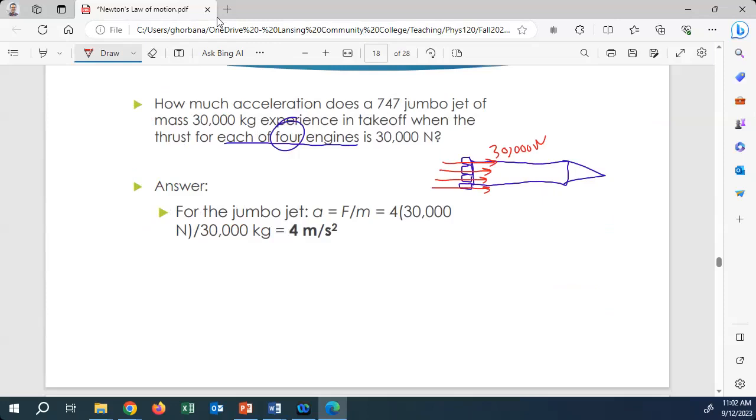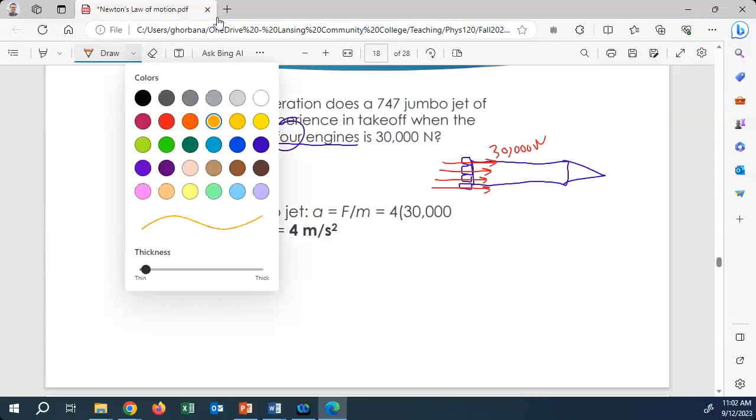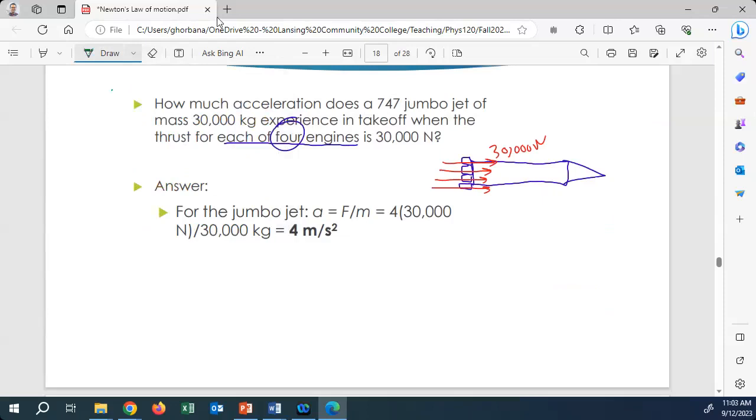So again, identifying forces is important. You don't need these forces here, but identifying forces helps you understand the problem better. Let me draw these two forces using the green color. They are the resistive force and the force of gravity.